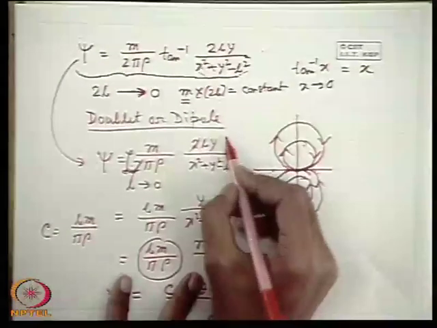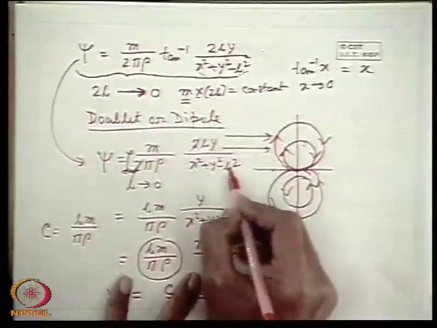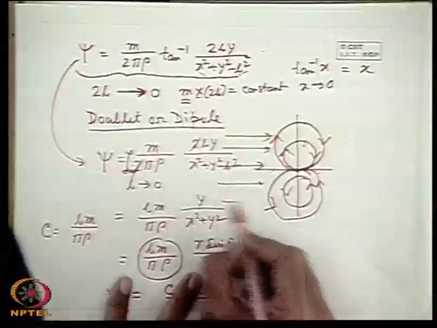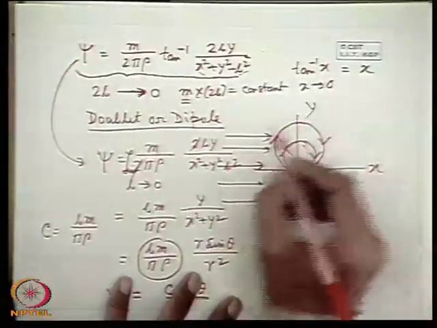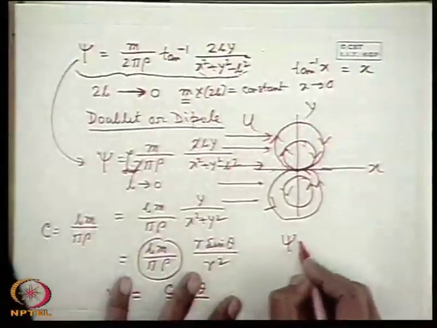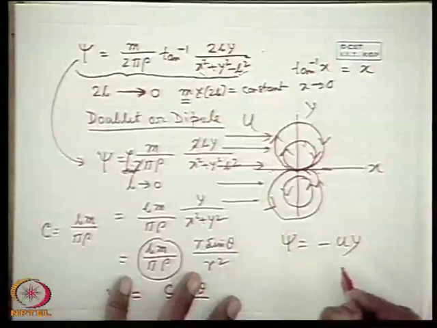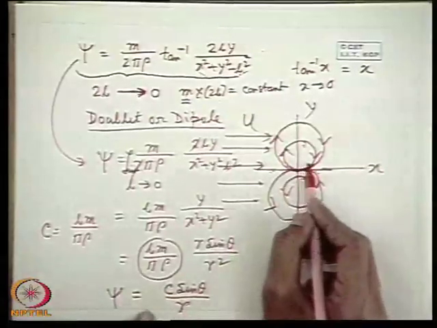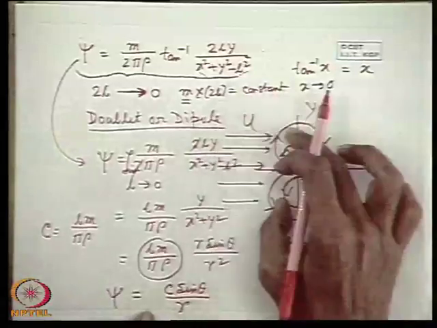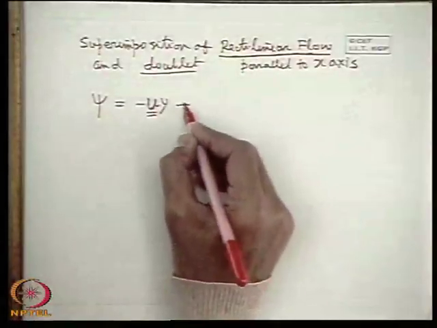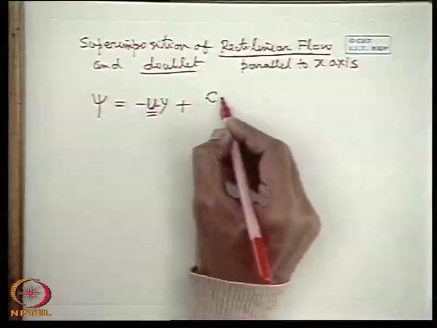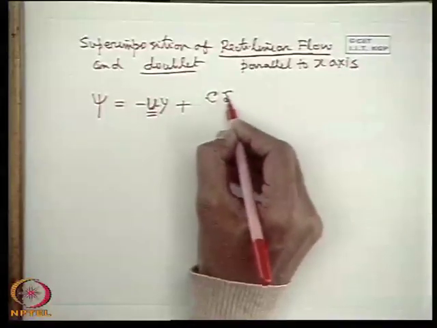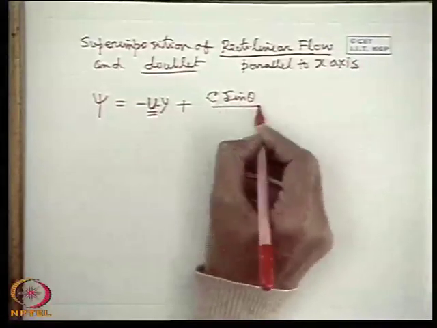So it is the superimposition of a rectilinear flow parallel to x-axis and the doublet. That means here, if you take this as x, this as y, this is u. So the stream function for this rectilinear flow is uy, which we have already discussed, and this is the stream function for the doublet. So if you superimpose a rectilinear flow with the doublet, then what you get is uy plus c, as defined earlier for the doublet, sin theta by r.